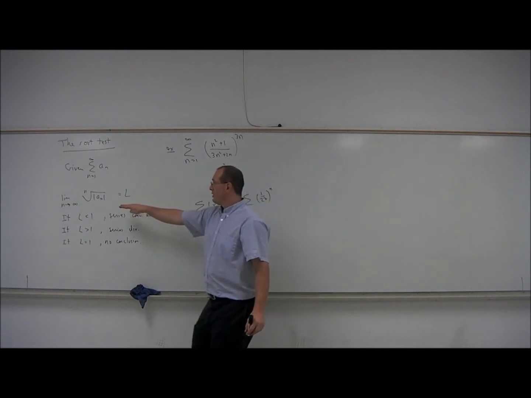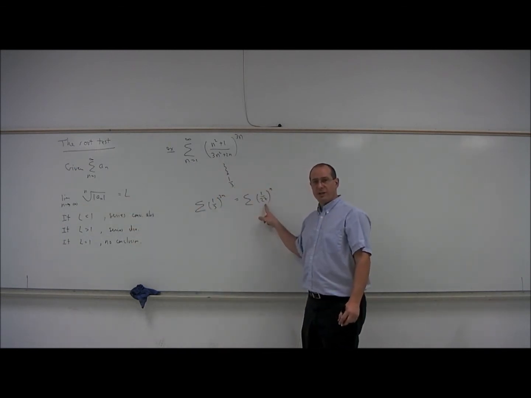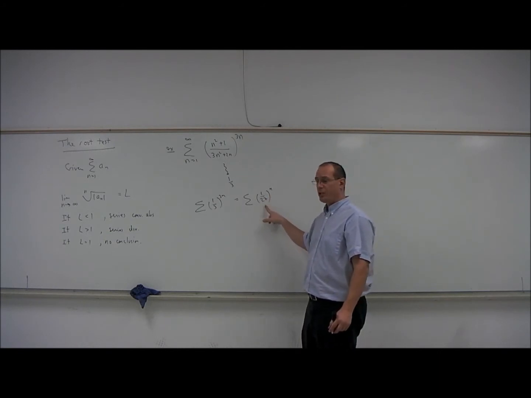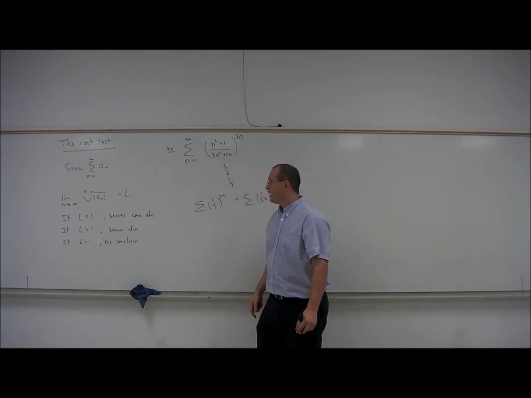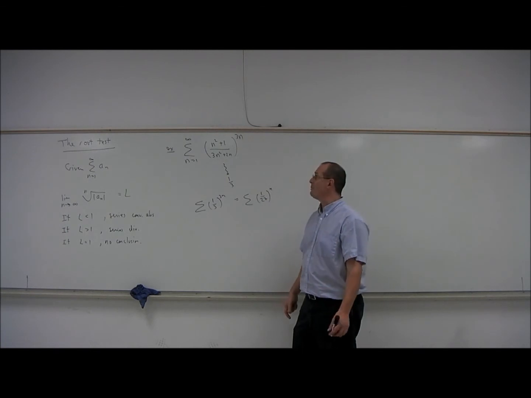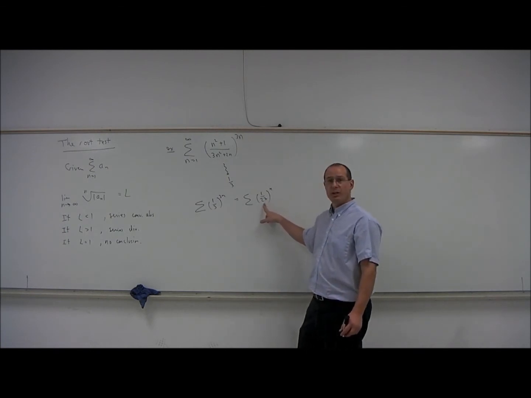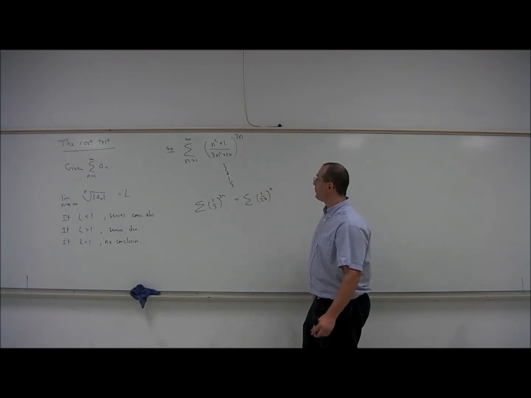When we take this limit, we will get 1/27. And a geometric series with common ratio 1/27 will converge. So the series will converge. In fact, it will converge absolutely, because if the ratio here was negative 1/27, the geometric series would also converge.